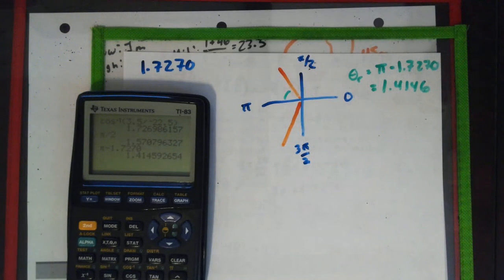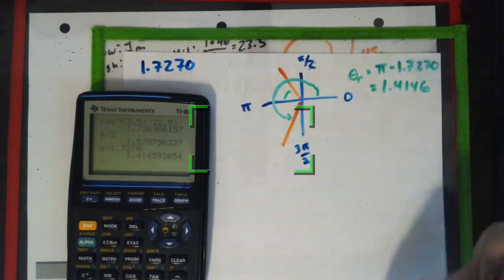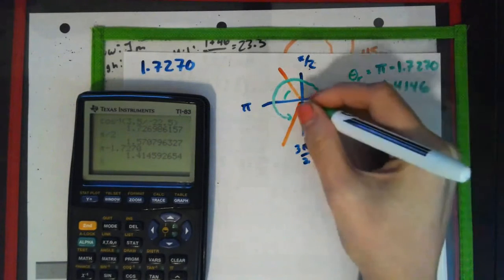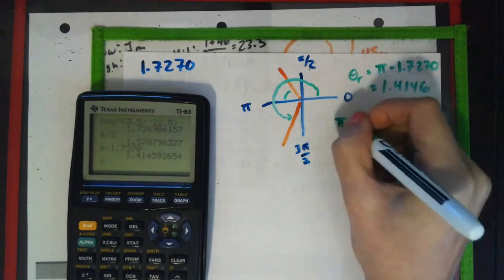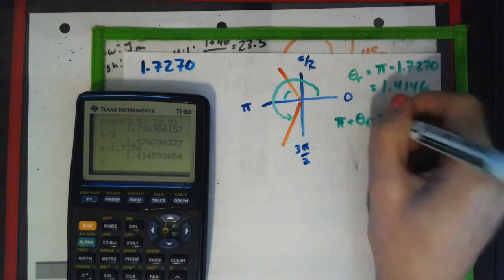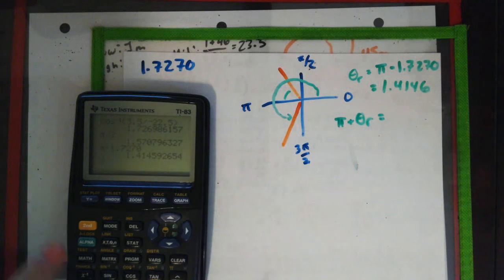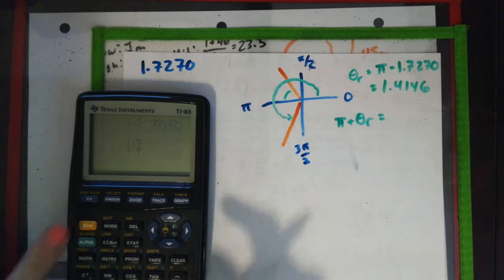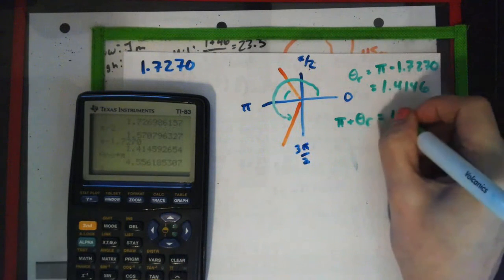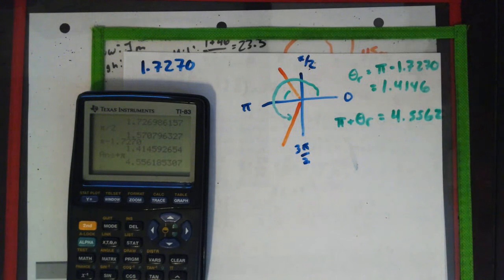That's my reference angle. To find my entire third quadrant angle, then I need to take pi plus my reference angle. Pi plus my reference angle is equal to, okay, that is my reference angle, so I'm just going to add pi. And that's going to give me 4.5562. That is my other solution.